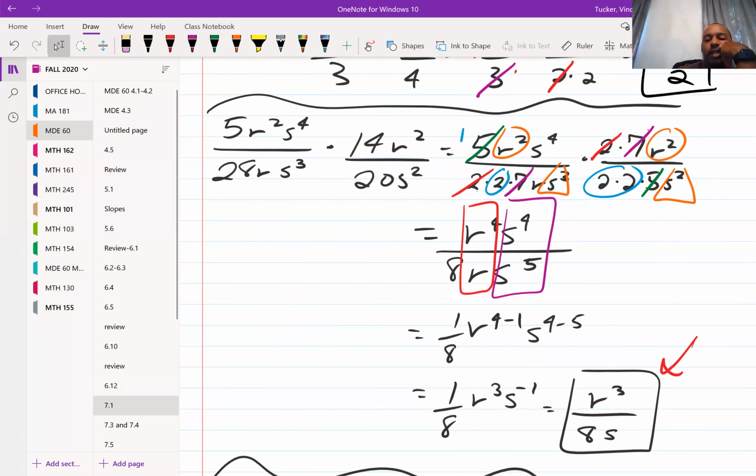All right, so then that gives us this result: 1/8 r cubed s to the negative first power. And then you want to write your exponents with all positive exponents, so you drop the s down to your denominator. And this will be a more simplified expression.